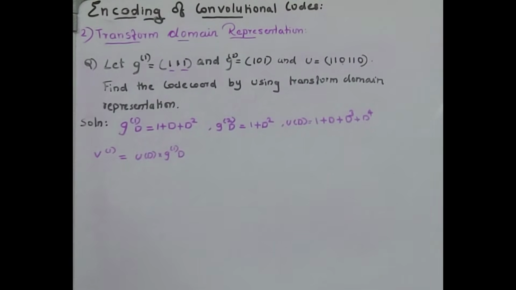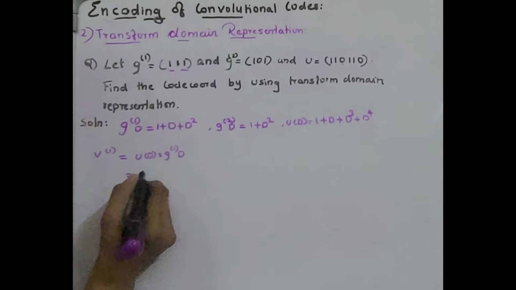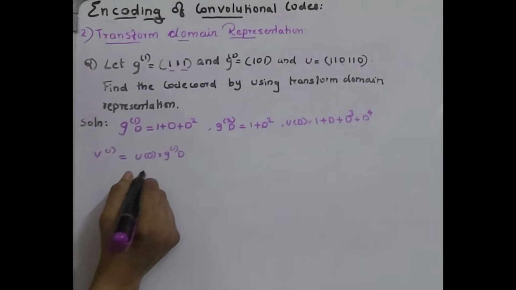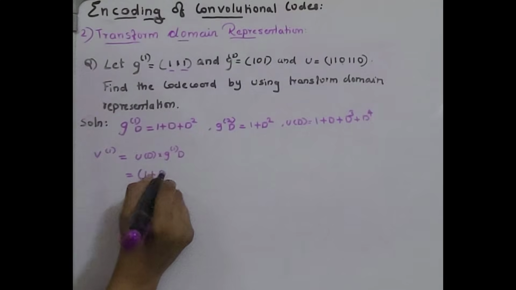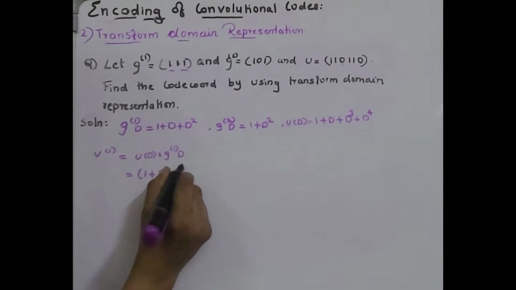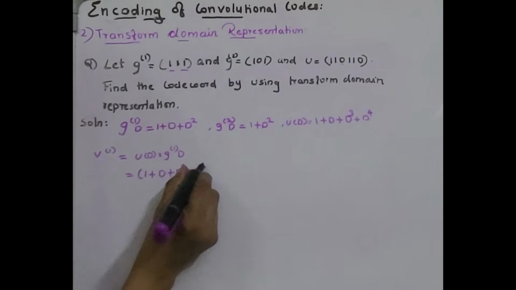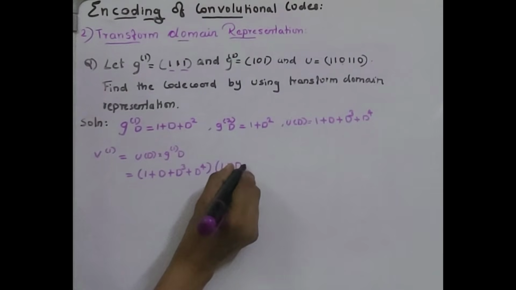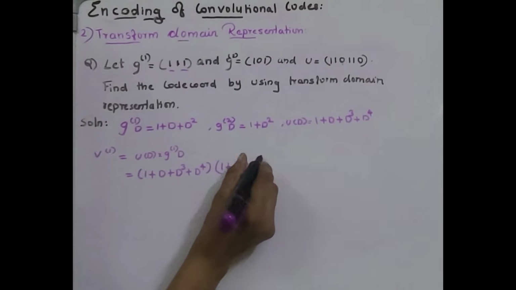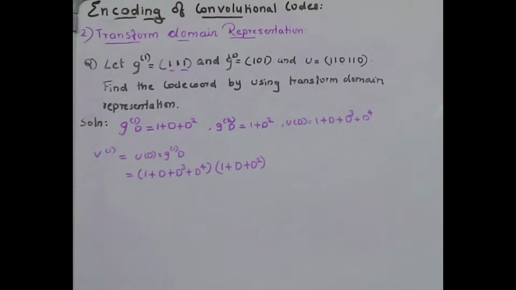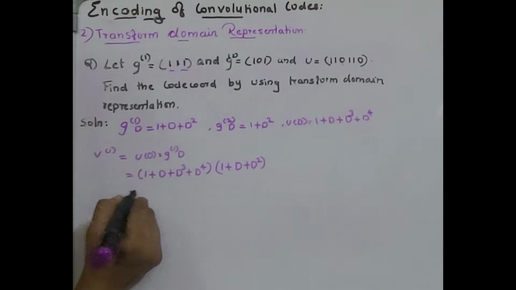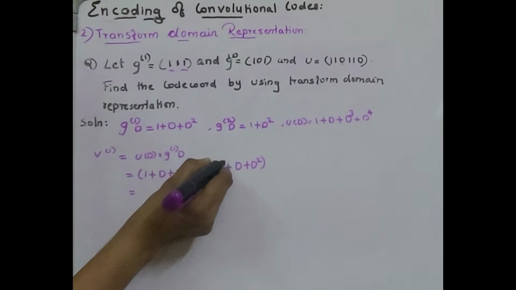So first we want to find V1(D), that is U(D) into G1(D). U(D) is nothing but 1 plus D plus D cube plus D raised to 4, into G1(D), which is 1 plus D plus D square. So this is how we get the polynomials. Then by multiplying these two, we get 1 into all these terms.